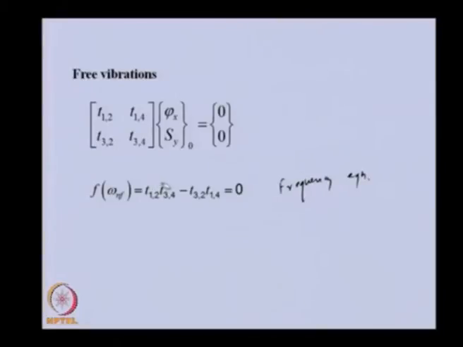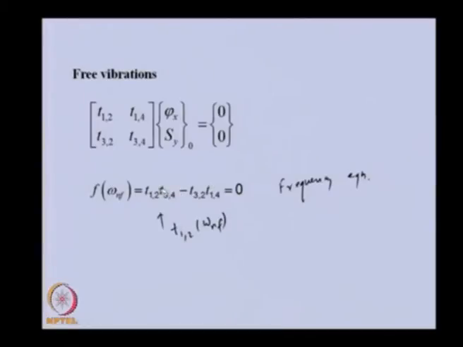This T12, T34, all these T terms are basically functions of the natural frequency. So, basically here we expect a polynomial. For the transverse vibration case, this polynomial will generally be of higher degree, because if you are dealing with a larger mass rotor system, then obtaining this polynomial will not be easy.